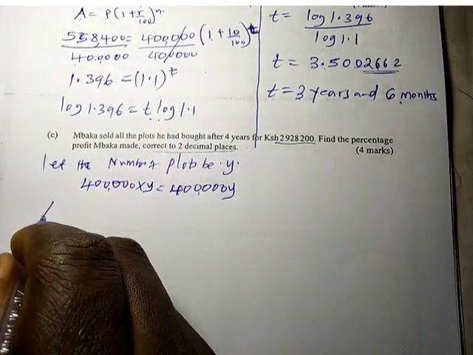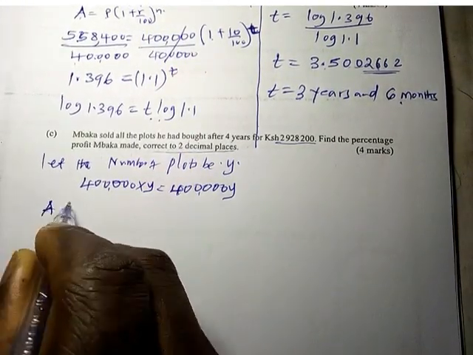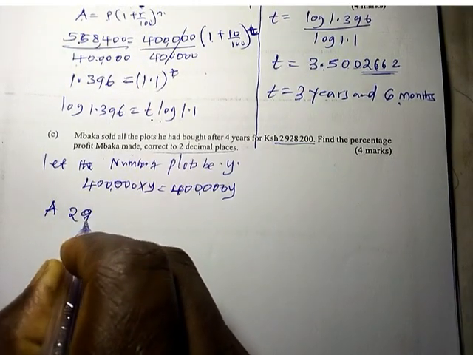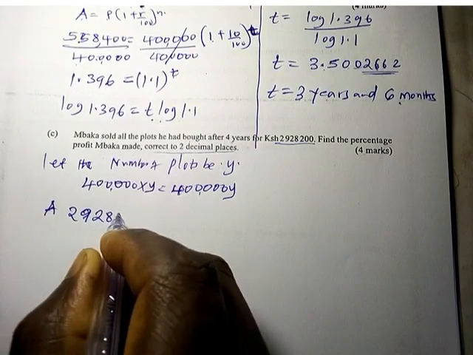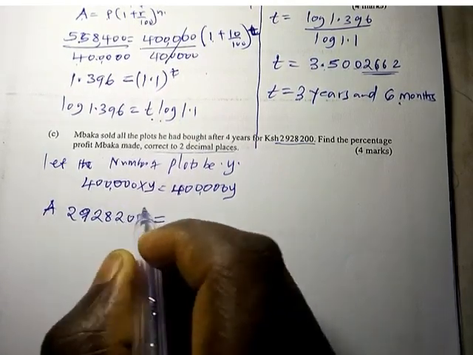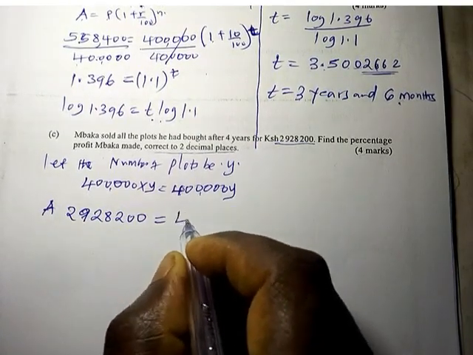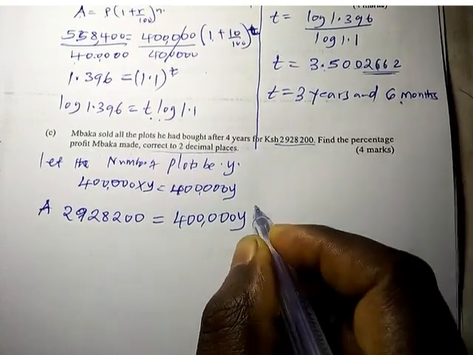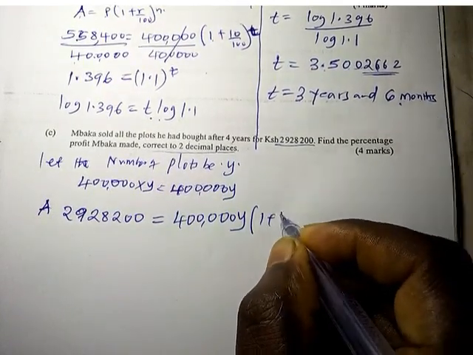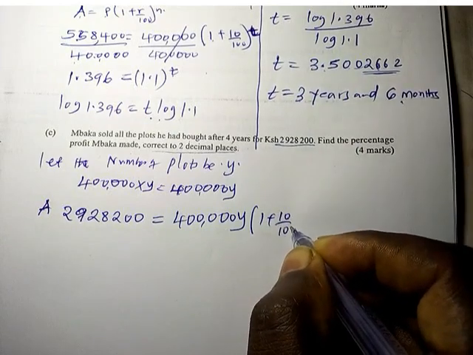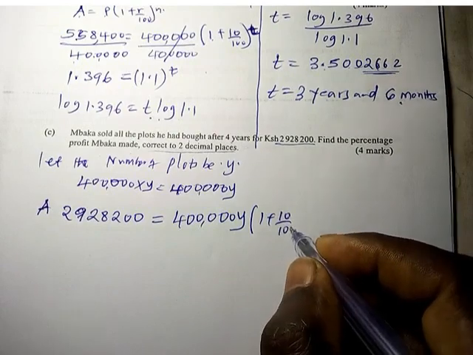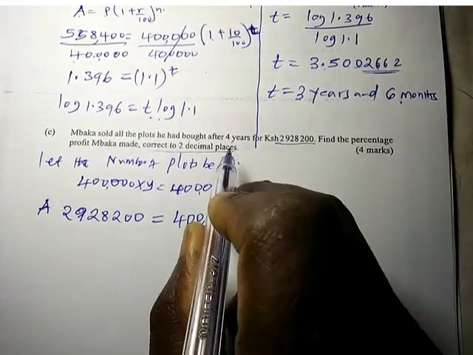So the amount, 222,928, will be equal to the principal 400,000y into 1 plus 10 over 100, raised to power 4. It is 4 years.